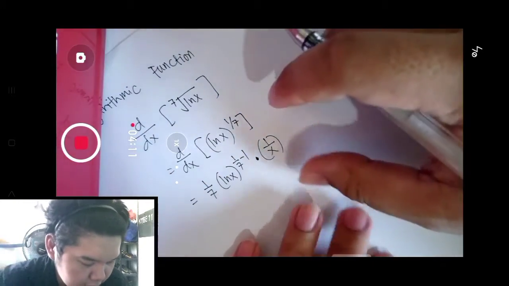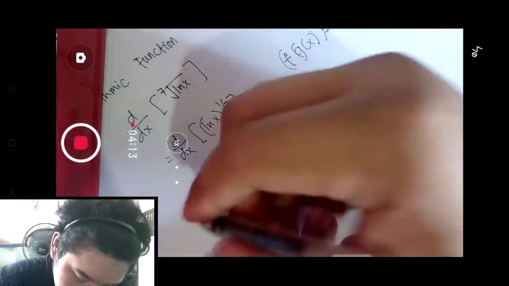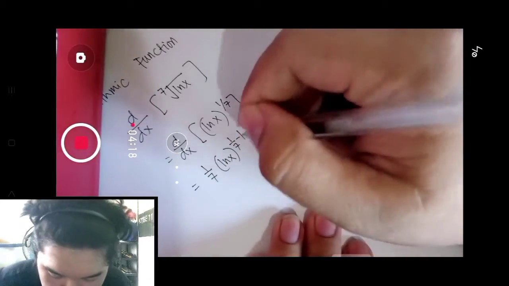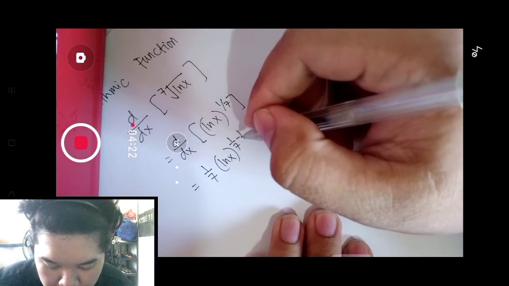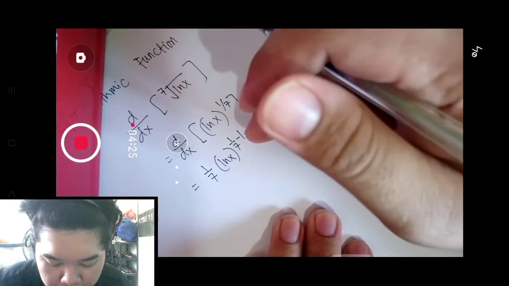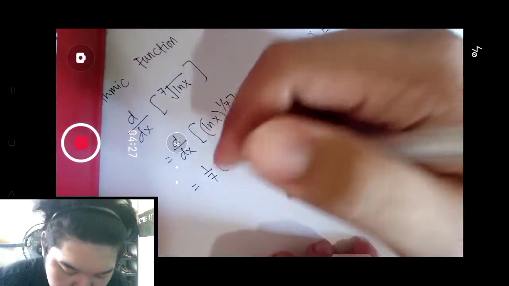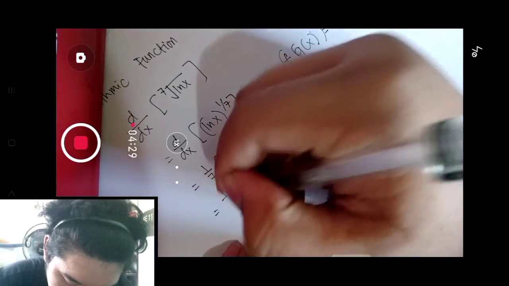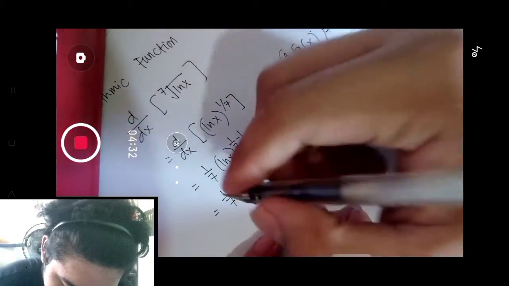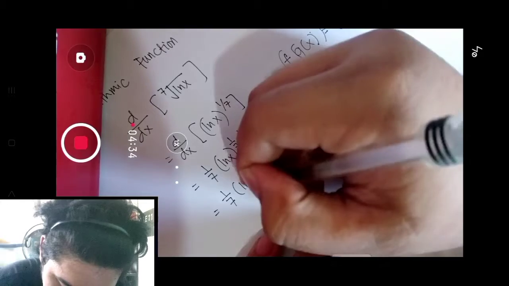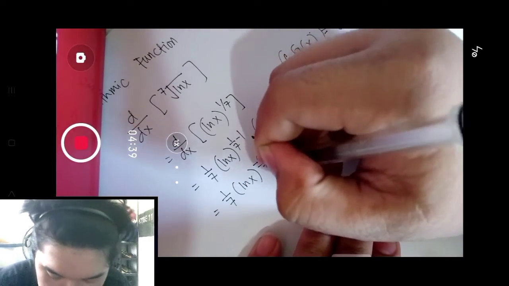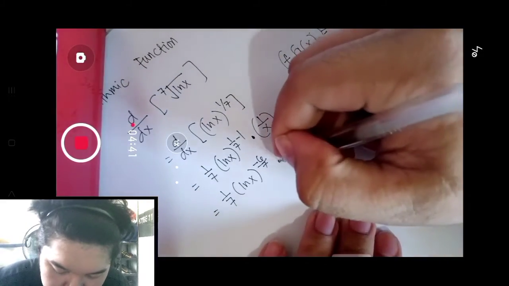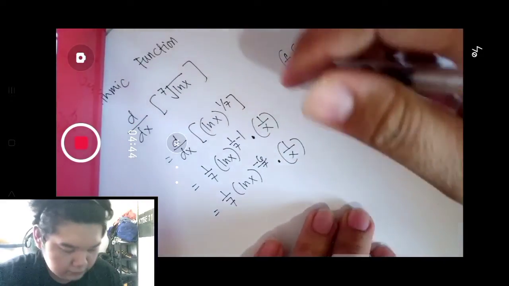Now 1 over 7 minus 1 is 1 over 7 minus 7 over 7, which is negative 6 over 7. So we write the equation: 1 over 7, ln x raised to negative 6 over 7, times 1 over x.